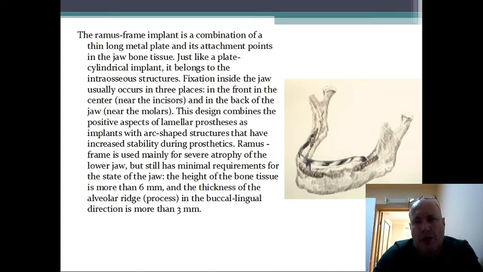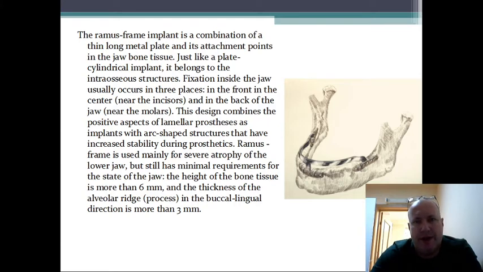And here we have to speak about a very popular type of implant, about 15 years ago. Here is the ramus frame implant. This is a combination of a thin, long metal plate and its attachment points in the jaw bone tissue.